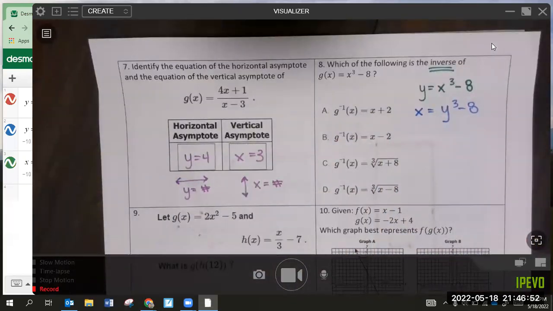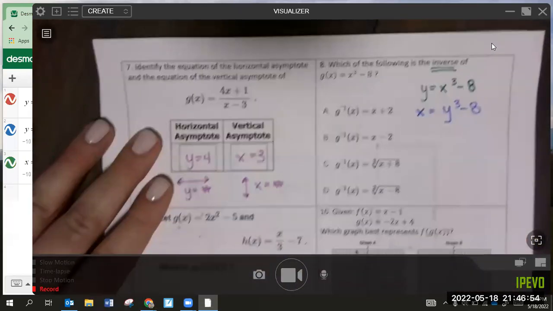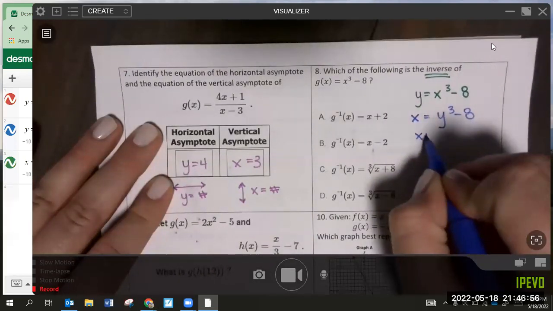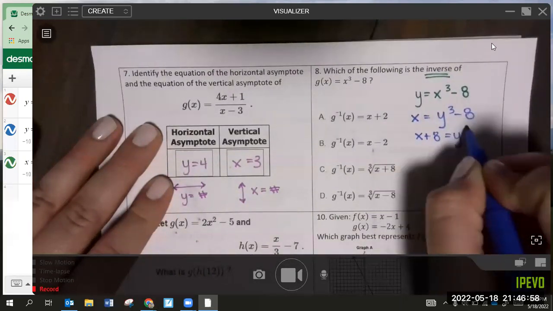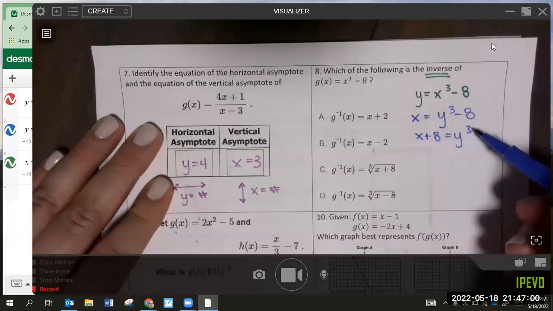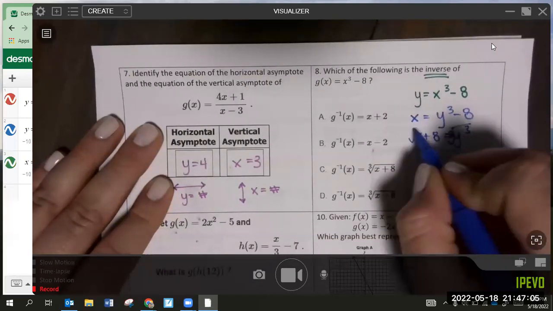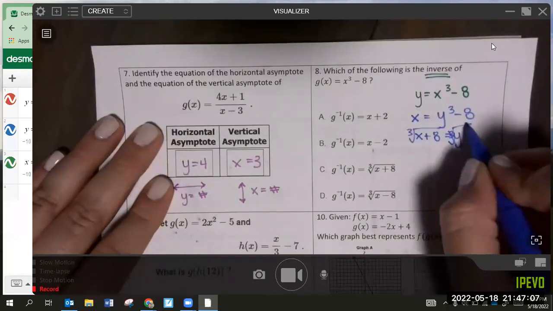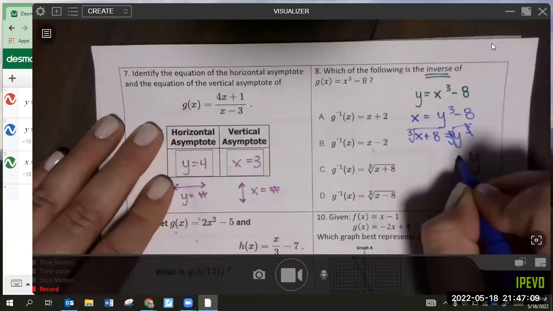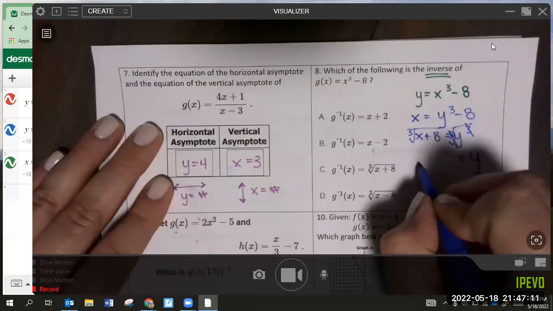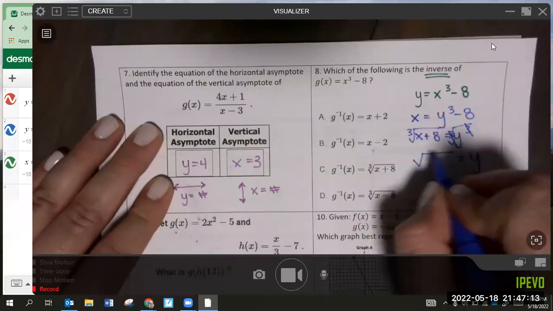Now I just solve for y. So I would add 8 to both sides. And then to undo a cube, I would take the cube root of both sides. So I would have these cancel out, and I've got y equals the cube root of x plus 8.